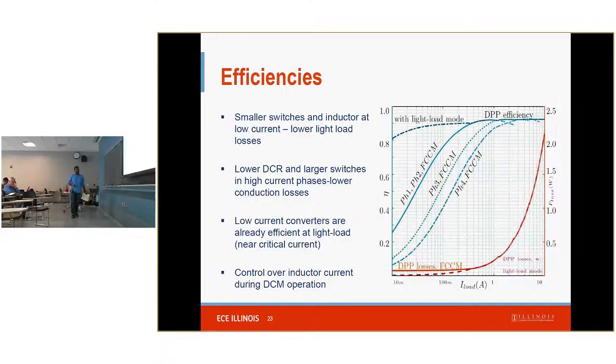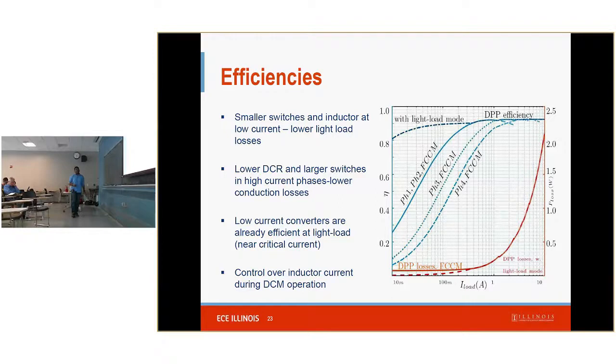Okay, so without going into PFM, I can already see that I have around 90% efficiency around the 500 milliamp region, which is much better than what we have gotten with a single phase 4.7 microhenry inductor.